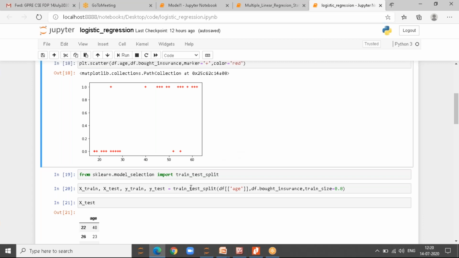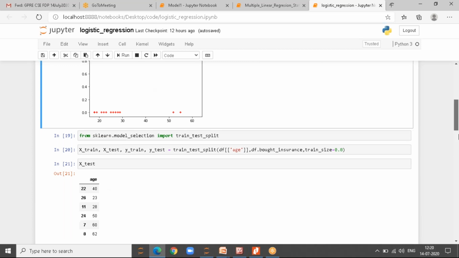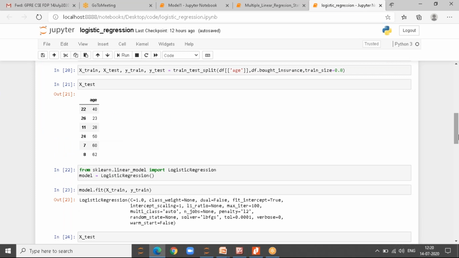It is the same as what we have seen earlier. I use a class called train_test_split, and I pass the input parameter and the output parameter as the two parameters, and define the training size and random state. Then I get the training input values and the testing input values.